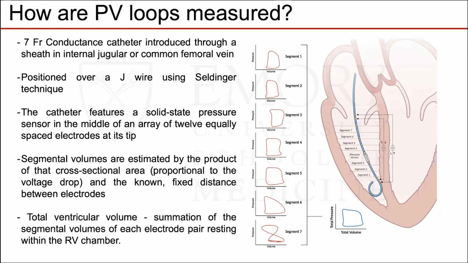An electrical current is introduced through this catheter, and the voltage drop between these segments is directly proportional to the cross-sectional area, which will be used to measure segmental volumes. The addition of all these segmental volumes gives a total ventricular volume. You can see here at the bottom, this last segment, this loop is not counterclockwise, so it will be excluded from the estimation. It just shows that this is outside the ventricle.